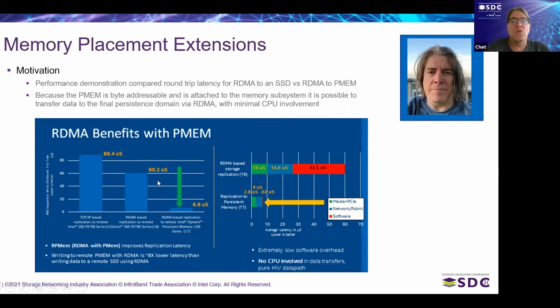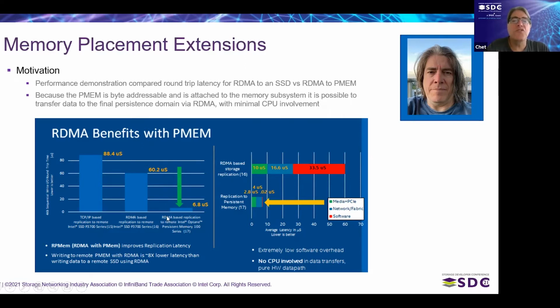Because persistent memory is persistent storage, but it's connected to the memory bus, we can RDMA directly into it, and we can realize some significant latency improvements over the same kind of connection done with an SSD.